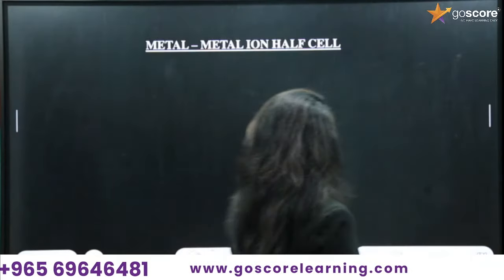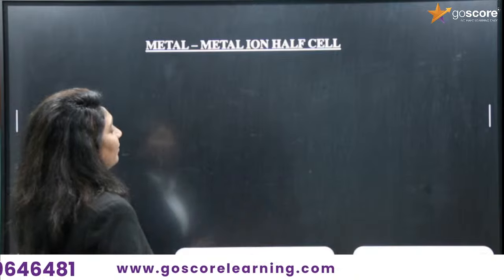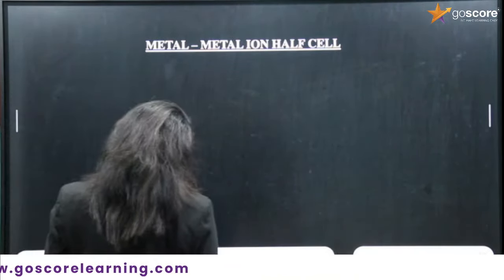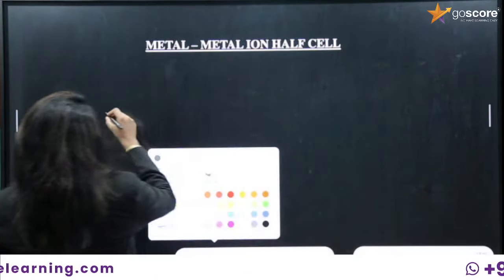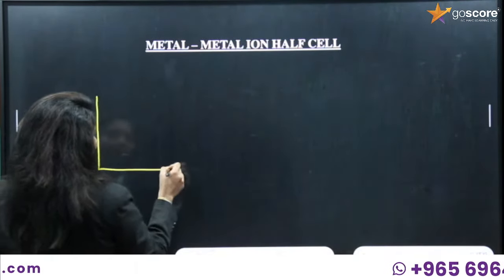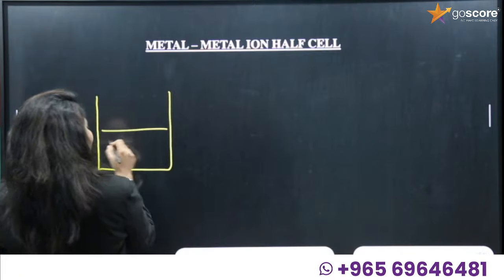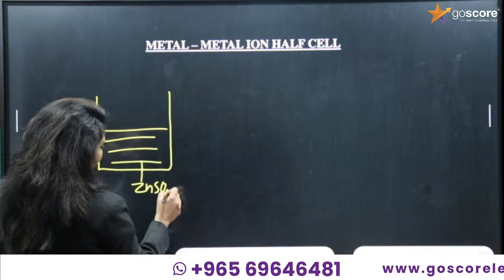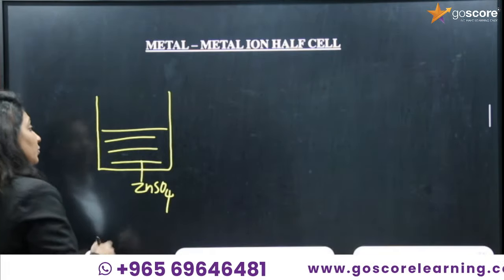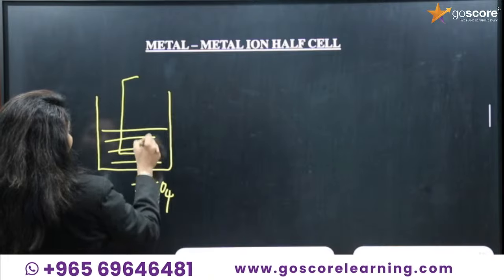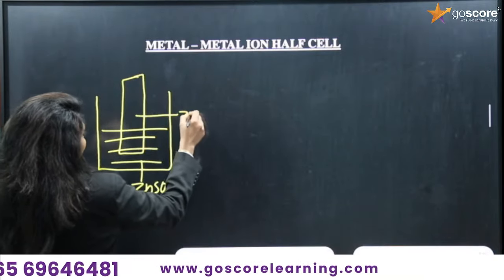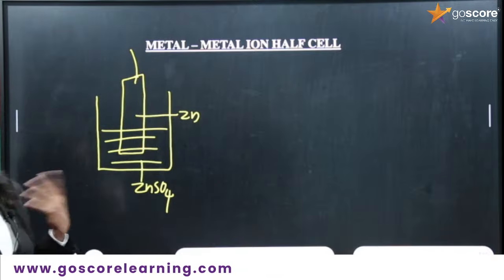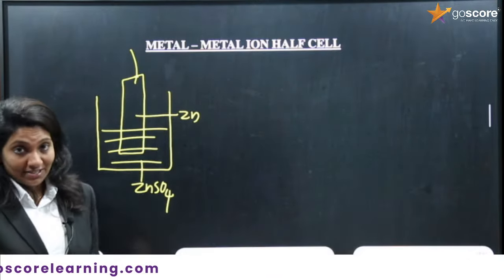Okay. So the metal and metal ion half cell. Okay, see here, I'll draw it. We can take the zinc sulfate solution. Okay, this is the ZnSO4 solution. To that ZnSO4 solution, I am placing the zinc electrode. Okay, this zinc electrode can act both as anode as well as cathode.